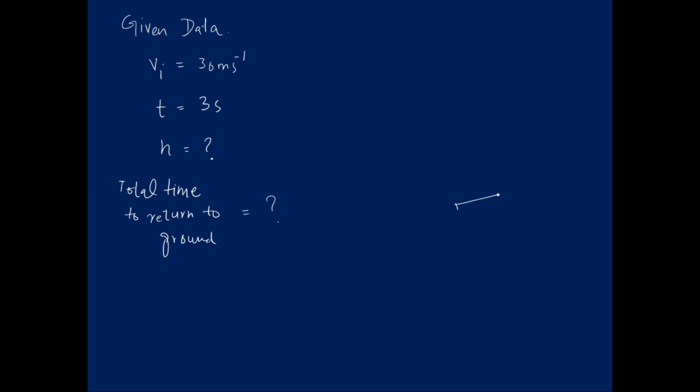So now quickly understand the scenario. We have a tennis racket, and a ball was hit with the tennis racket vertically upward. The ball was moving with an initial velocity of 30 meters per second.